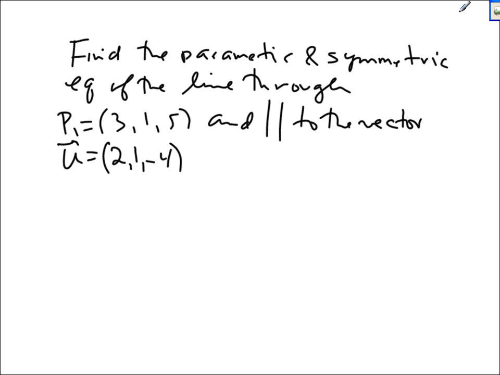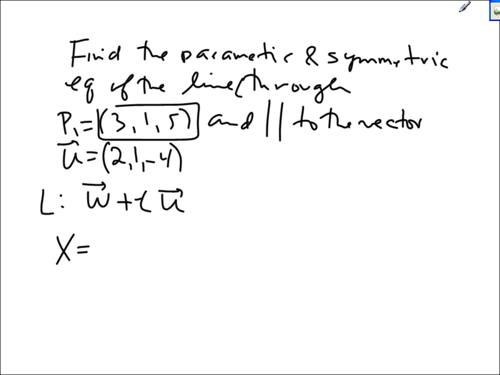Okay. So remember, the line L can be written as vector W plus the scalar t times the vector u. And the vector W is not the point (3, 1, 5), but the vector (3, 1, 5). What's the difference? Well, let's just go in 2 dimensions.